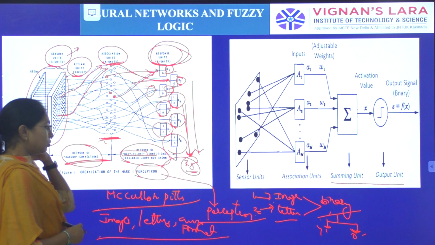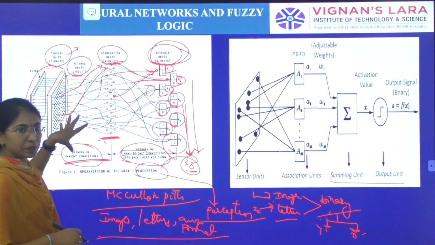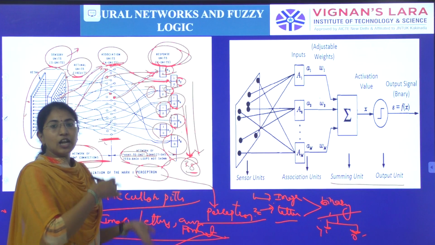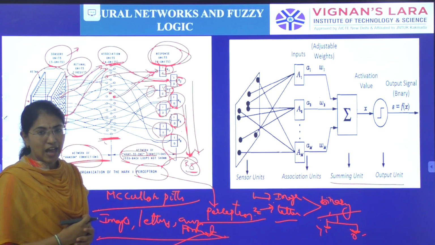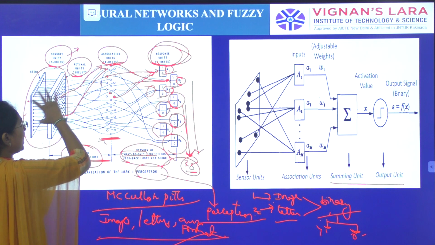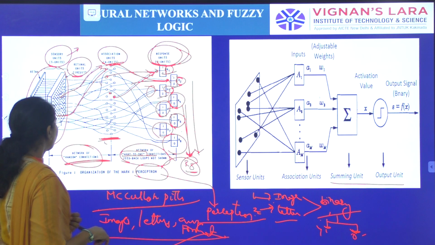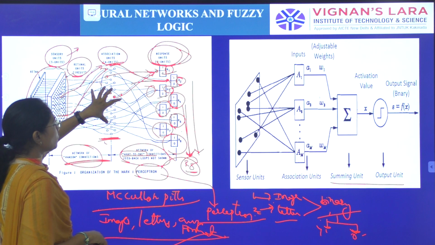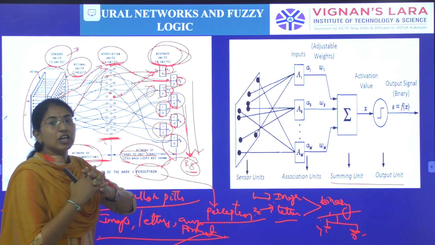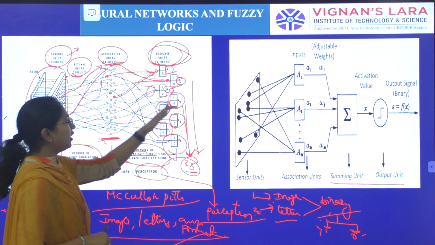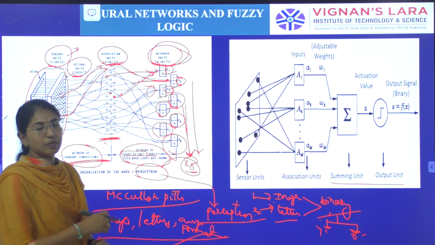This is how a huge number of inputs, which can be of any format, will be converted into binary values. Initially, the entire input will be taken on the sensory board and fed to the association unit. Within the association unit, some selection of inputs will be done, and the selected values are fed to the response units.